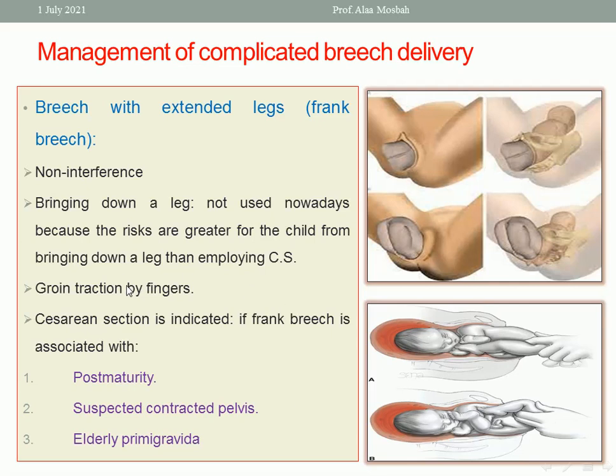So either groin traction, which is more applicable and more used, or we may do cesarean section in frank breech if associated with post-maturity, suspected contracted pelvis, elderly primigravida, or other obstetric indication.